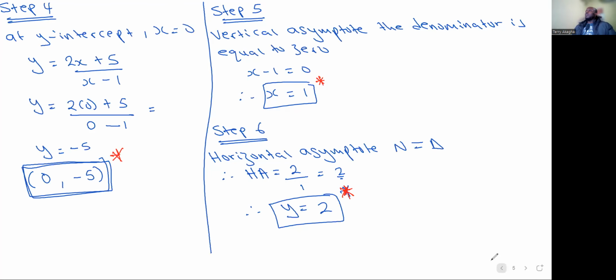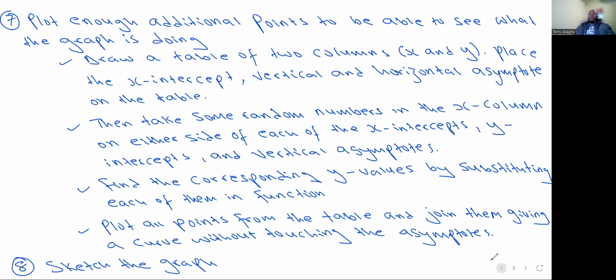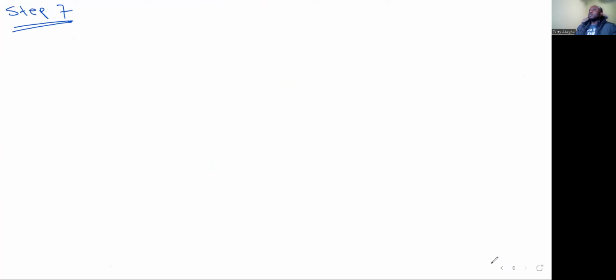Now step 7, where we're plotting additional points. We're going to plot additional points to be able to see what the graph is doing. It says draw a table of 2 columns, x and y, and place the x-intercept, vertical, and horizontal asymptotes on the table. So let's draw the table first.